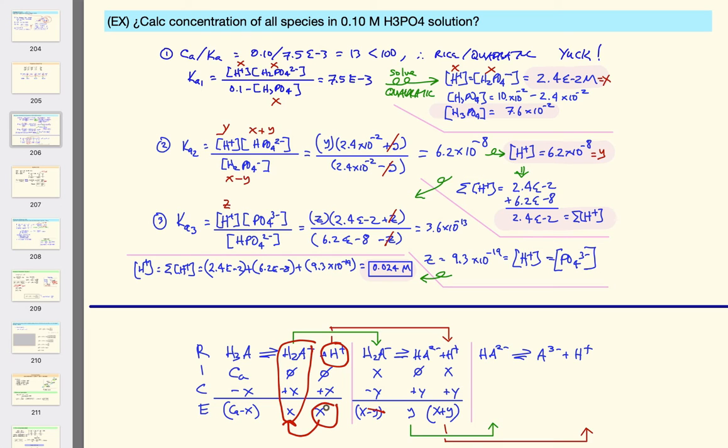Well, it's X plus Y. Notice, I started out here at X because I ended the first step with X. So you can see my new values after the second step are: my concentration of HA minus is X minus Y, and my concentration of H plus is X plus Y. And this just continues to the third step until you complete the problem.